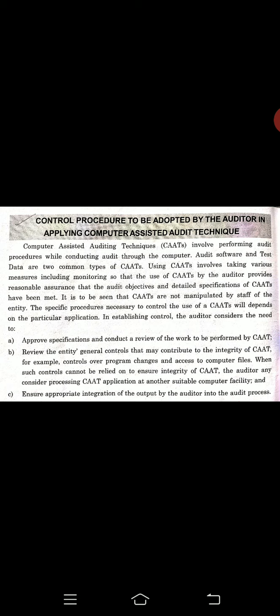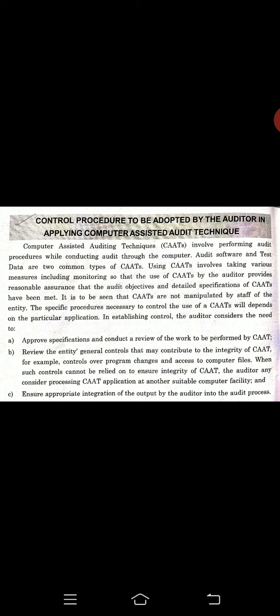Then they have to review the entity's general controls that may contribute to the integrity of the CAAT, for example, controls over program changes and access to computer files. They have to check changes in the computer programs and also the computer files.